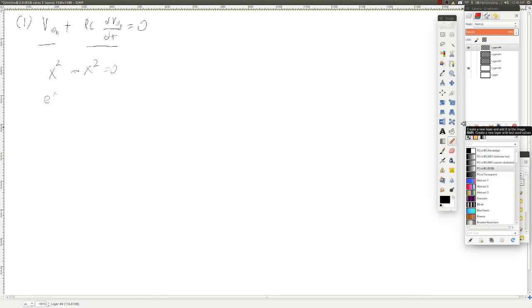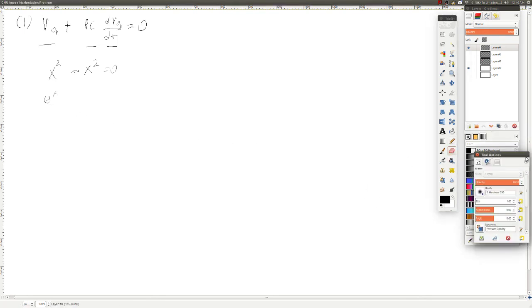So what we're going to do here, if you'll let me erase a little bit to make things a little clearer. Ooh, that's a really big eraser. Is we're going to say that VOH is equal to alpha e to the lambda t.